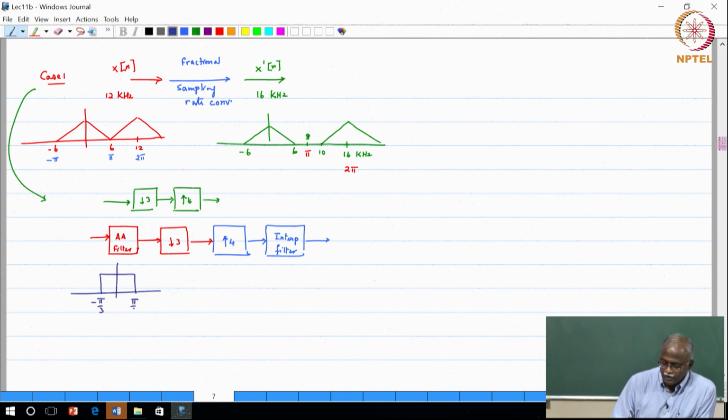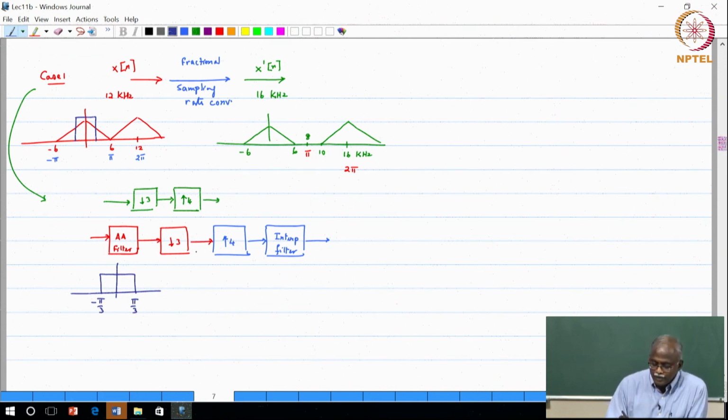Now, the problem is the input signal is already sampled at the Nyquist rate, but if you tell me to downsample by a factor of 3, I am going to apply the anti-aliasing filter. So, if pi corresponds to 6, this filter will keep from minus 2 kilohertz to 2 kilohertz, correct, and then it downsamples by a factor of 3.